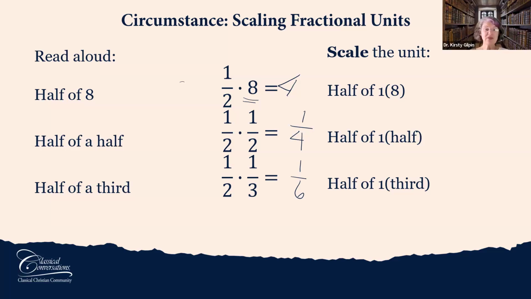And you're right. If I said, what's 4 of 1/3, my scalar is greater than 1. Do I expect a number bigger or smaller than 1/3? If the scalar was 4, if I said 4 of a third or 4 thirds, I would expect it to be bigger than 1/3, and it would be 4 thirds or 1 1/3.